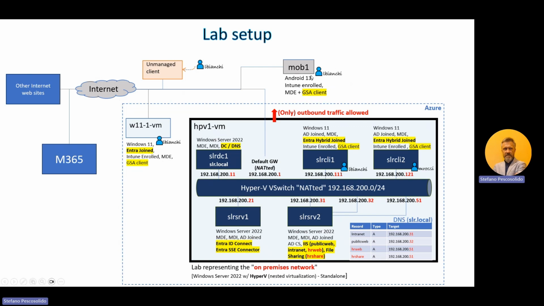I will not use it in these demos now. And I connect to my Office 365 also from an unmanaged client. Finally, I have another client which is also in Azure, which is Entra Joined, while those are, as I wrote here, Entra Hybrid Joined. So this one is Entra Joined, and it has the GSA client. So this is the setup. Let's start with the first of these demos.